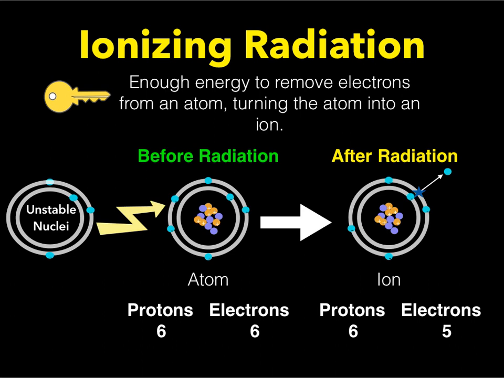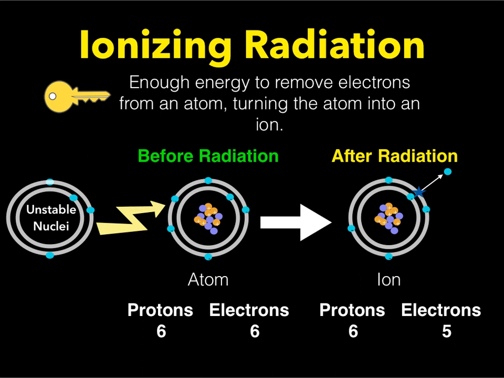So when we are talking about ionizing radiation, we know that there's enough energy to remove these electrons from our atom and ultimately turn it into an ion. Let's give a scenario: we have two atoms that are next to each other. We have one very unstable nucleus, and we know that it's going to shoot out all these different particles.